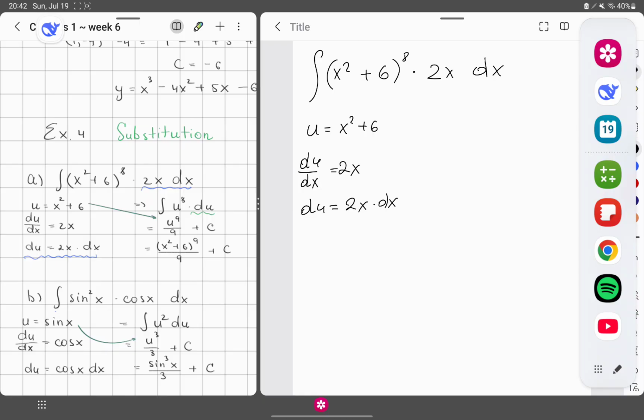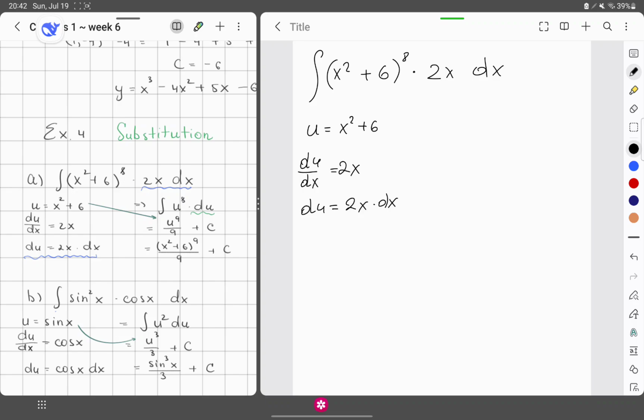So he has written like what? Now I'm checking it. For him, u equals to x squared plus 6. du equals to 2x dx. Yeah, u equals to x squared plus 6 here. And du, the derivative of this one, equals to 2x dx.